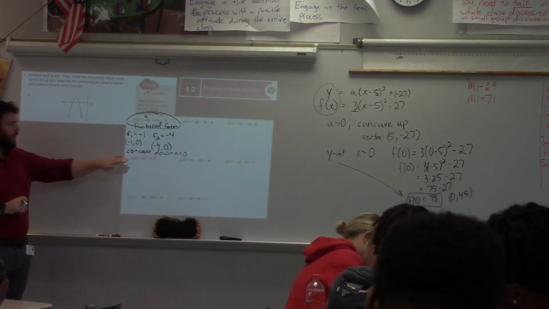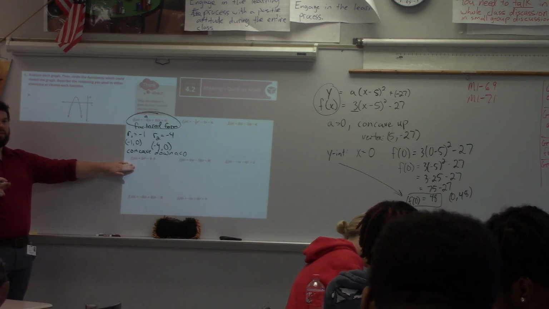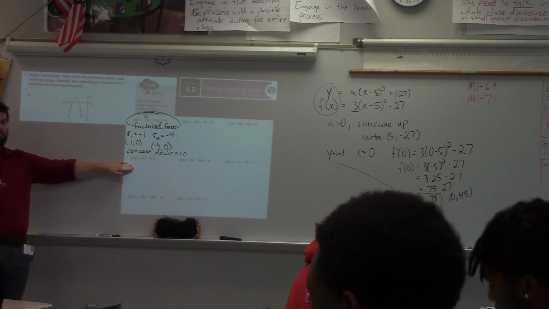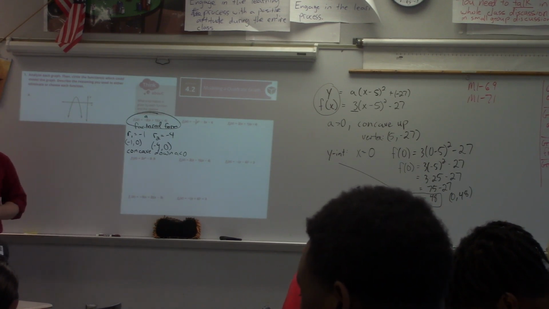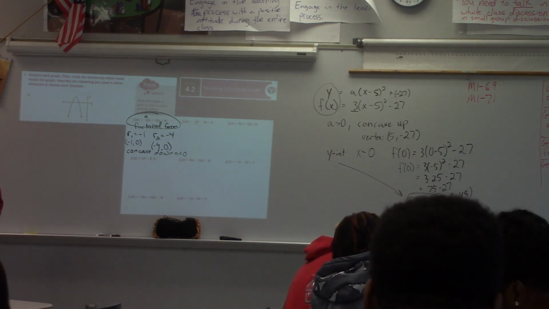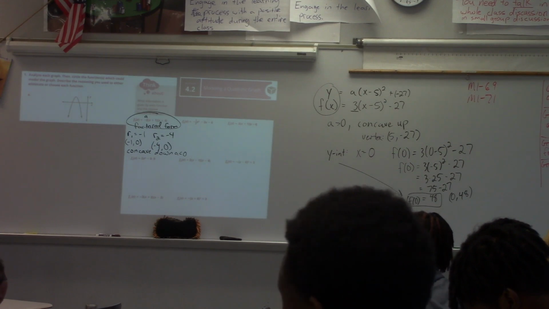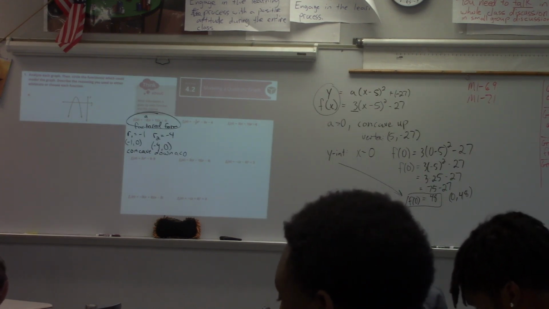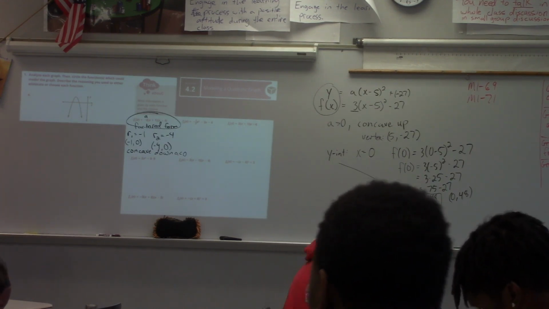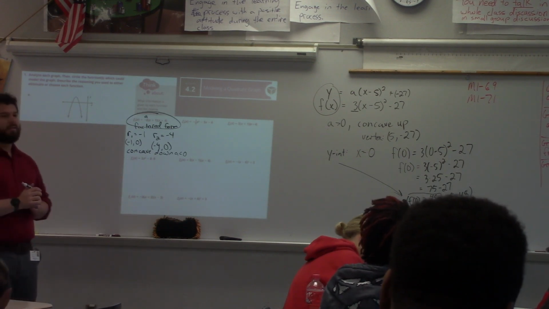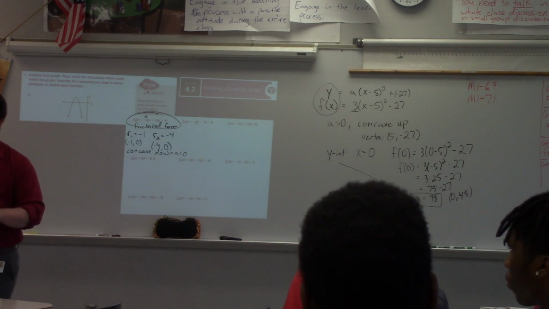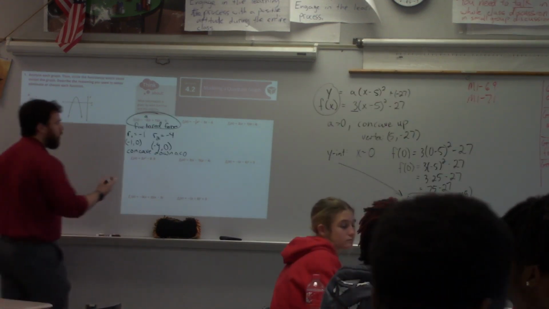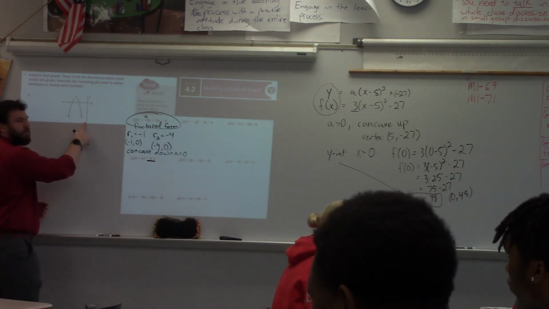Let's contrast that with F4. Could F4 of x go with that graph? No. Why not? Concave up, because A is positive. Don't forget that. Now I will point this out: could this y-intercept go with this graph?